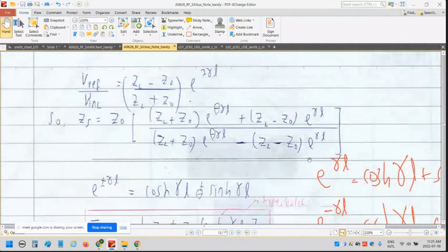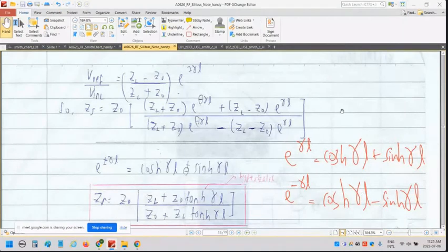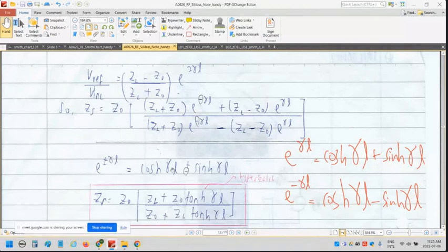You just write down this formula. And then you learn in calculus that e to the power of plus or minus gamma L equals cosh gamma L plus or minus sinh gamma L. This one is a hyperbolic sine, not a sine.